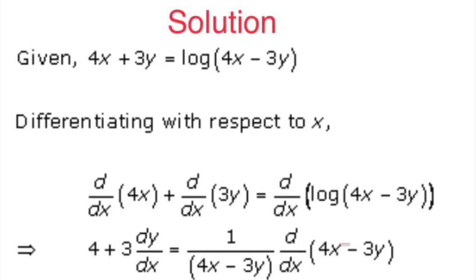So, this 4x minus 3y is a box, means here we have a composite function. So, its derivative will be 1 upon box into the derivative of box. Therefore, we will get 1 upon 4x minus 3y into the derivative of 4x minus 3y.